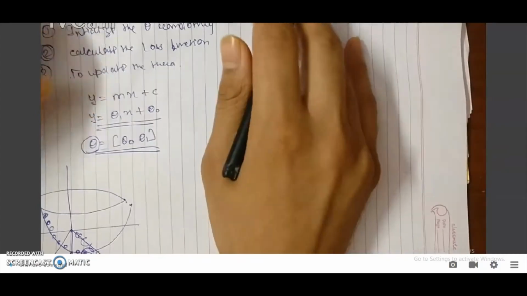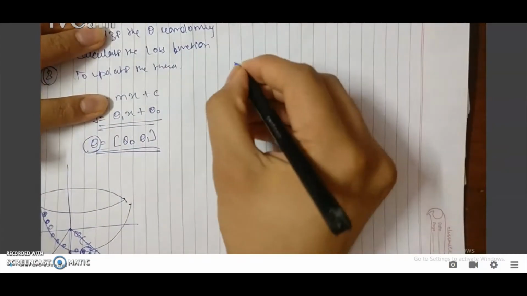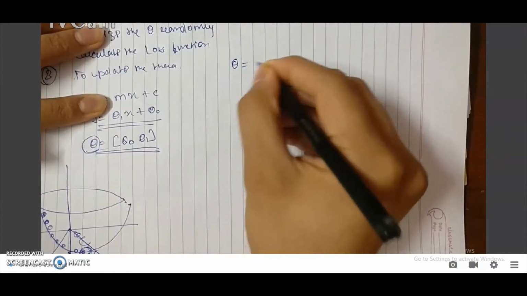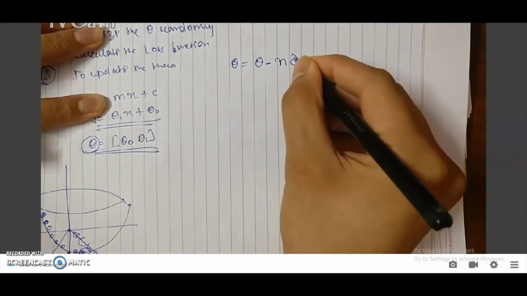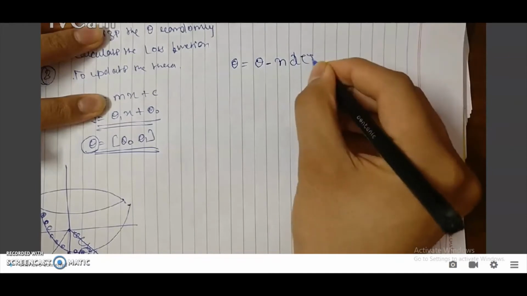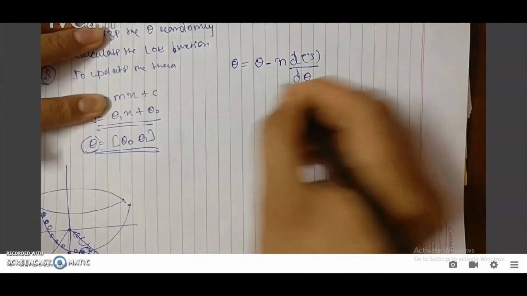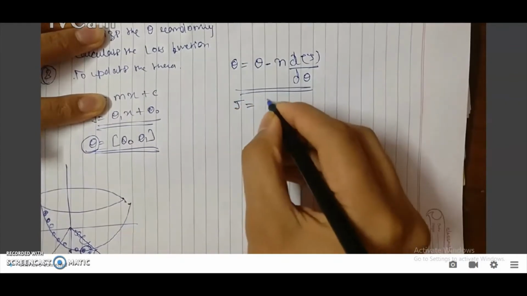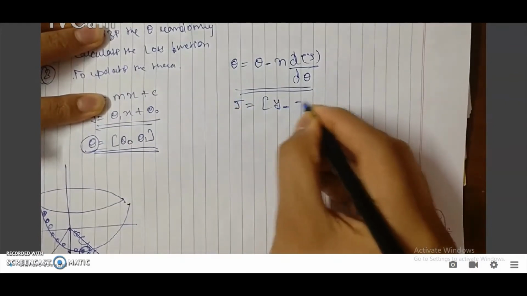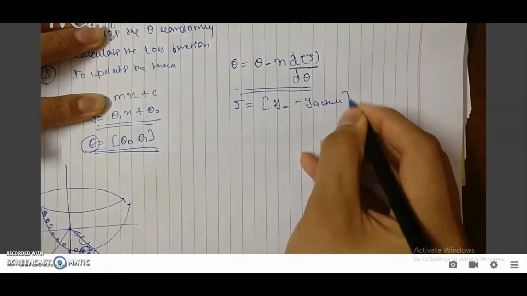So what that gradient descent approach says to us is that you need to update the theta using theta minus learning rate and differentiation of loss function with respect to theta, right? And our loss function is y prediction minus y actual, right?